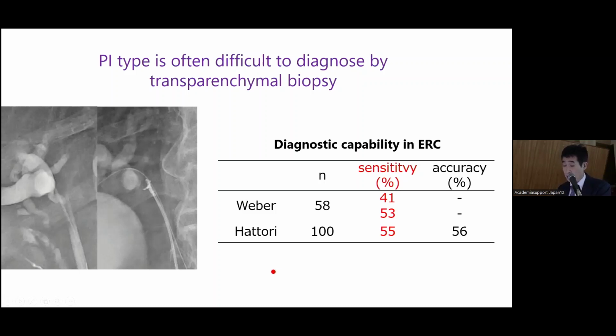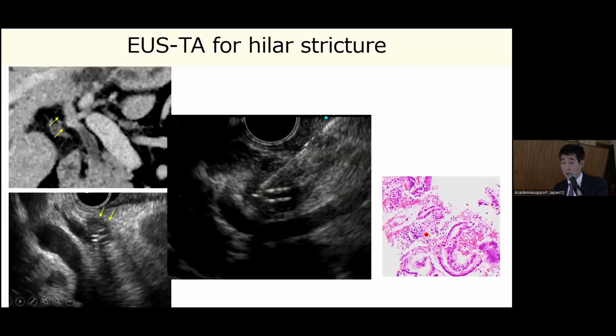As this paper shows, the sensitivity of ERCP is very low. So recently EUS-FNA for hilar stricture has been performed, though it is slightly challenging. However, it can be safely performed with an inside plastic stent, and seeing the US, it can puncture the wall lesion, where the mass and cancer exist in the submucosal area.